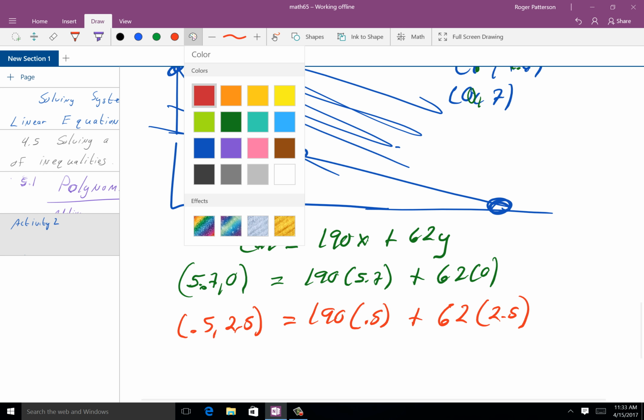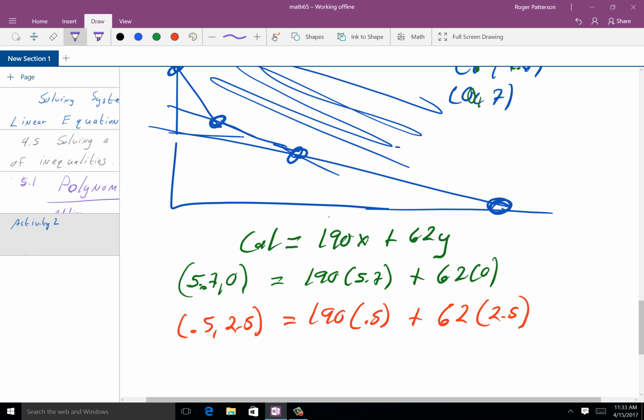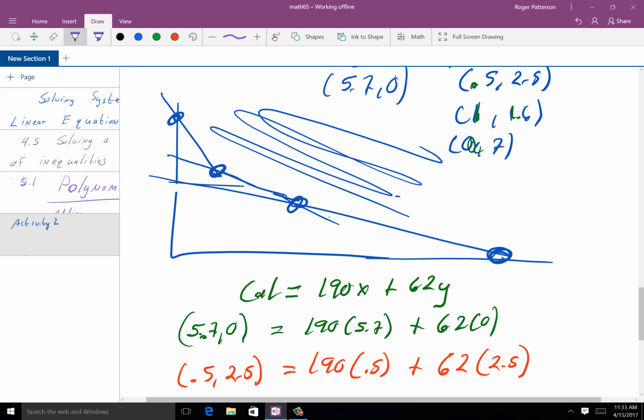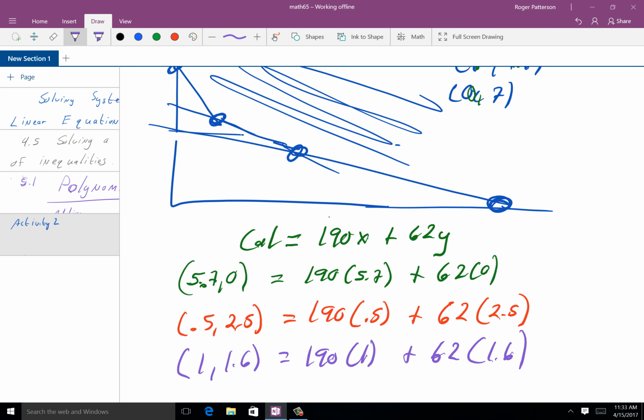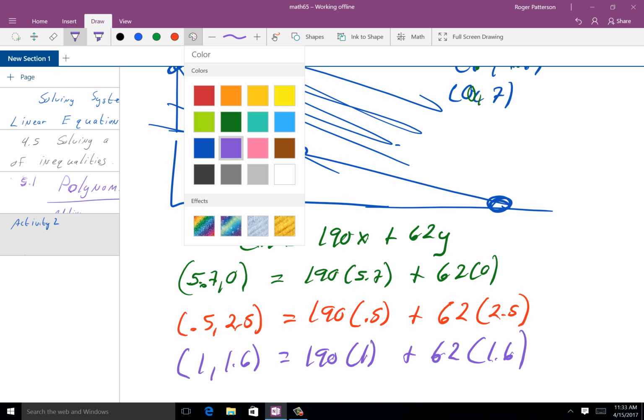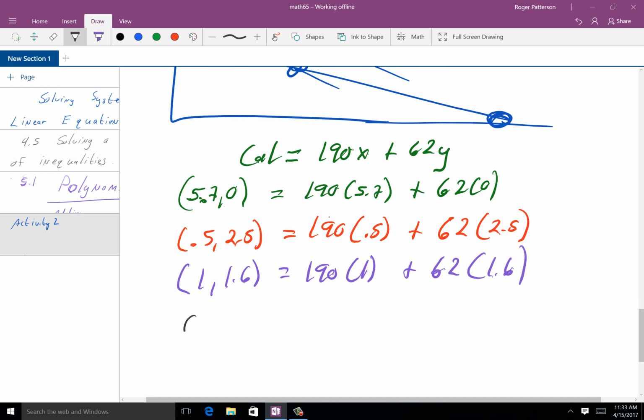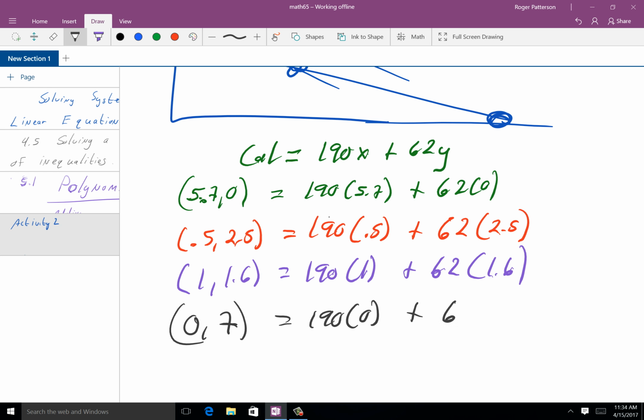Then I need my other corner point, which was 1 and 1.6, so that would be 190 times 1 plus 62 times 1.6. And then my other final corner point is 0, 7, so that would be 190 times 0 plus 62 times 7.